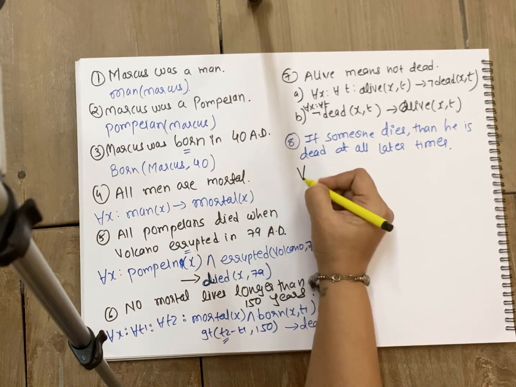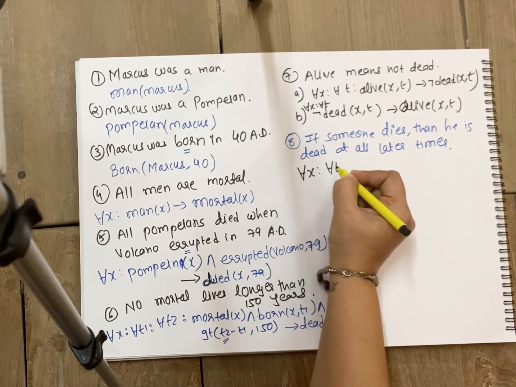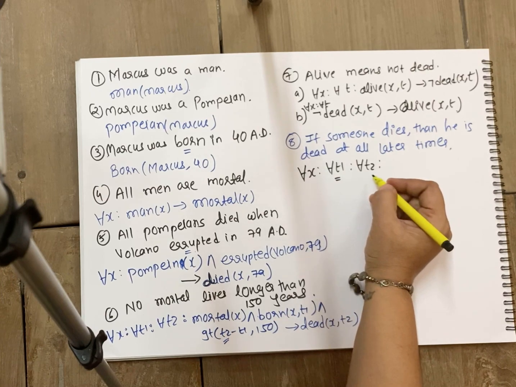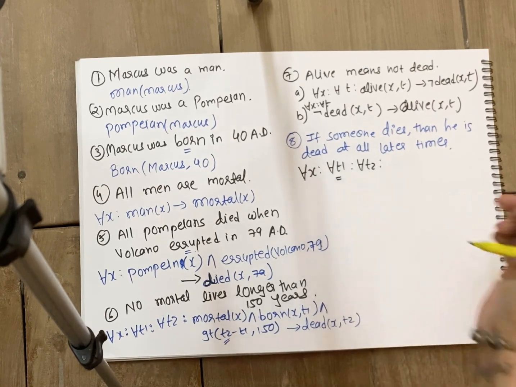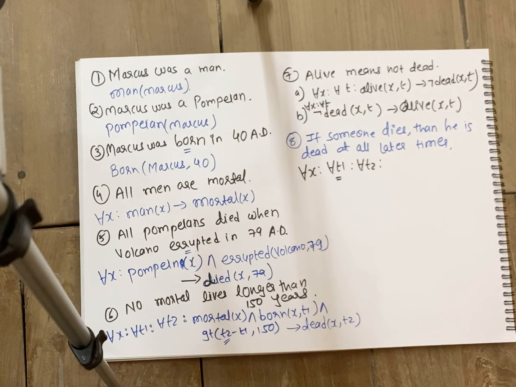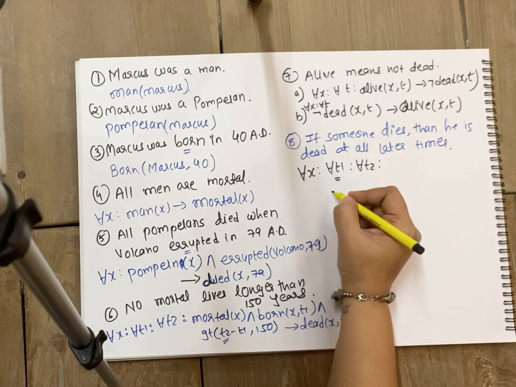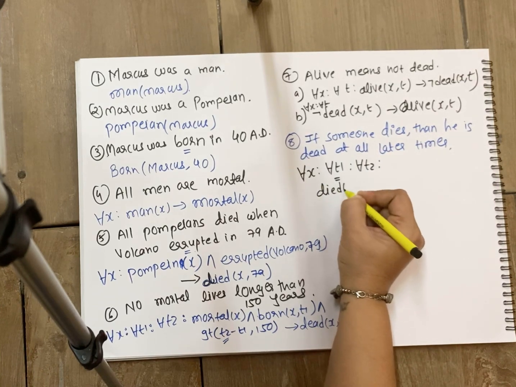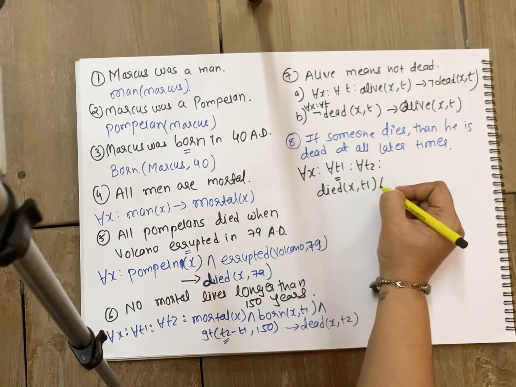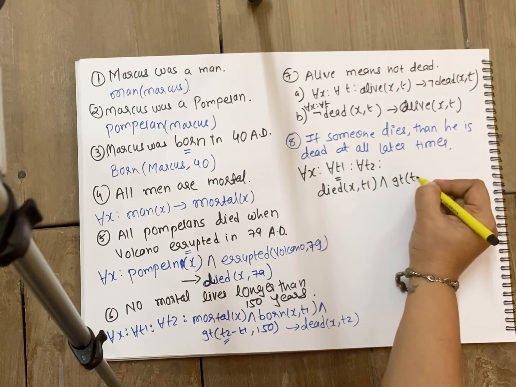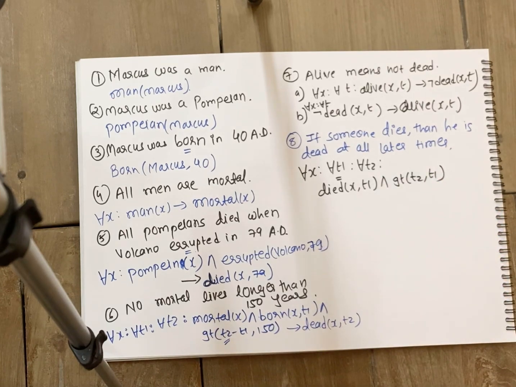Once again we are talking about for all X, for all T1 and for all T2. T1 is the time when the person dies, and T2 is the time when we are checking that the person should be continuing being dead. So what we are going to write over here: died(X, T1), and T2 greater than T1, meaning we are talking about some year T2 which is after T1, just like 1990 and 2010.